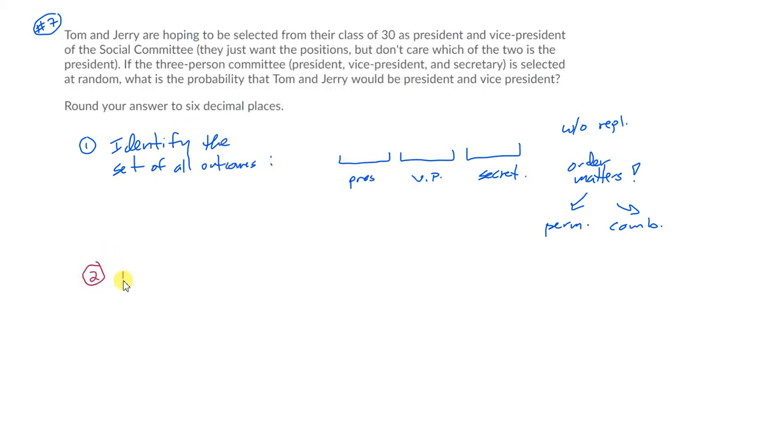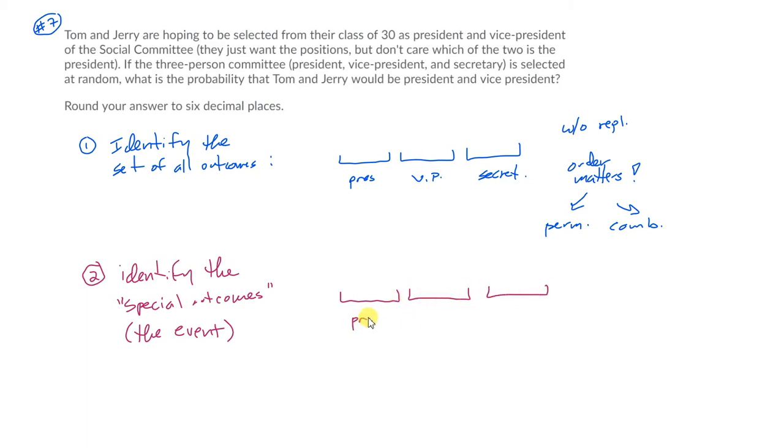We have to identify the special outcomes and count them. What do I mean by the special outcomes? The ones that are singled out to represent the event we're interested in. So these are the special outcomes, in other words, the event. What is the event? The event's going to look like this.